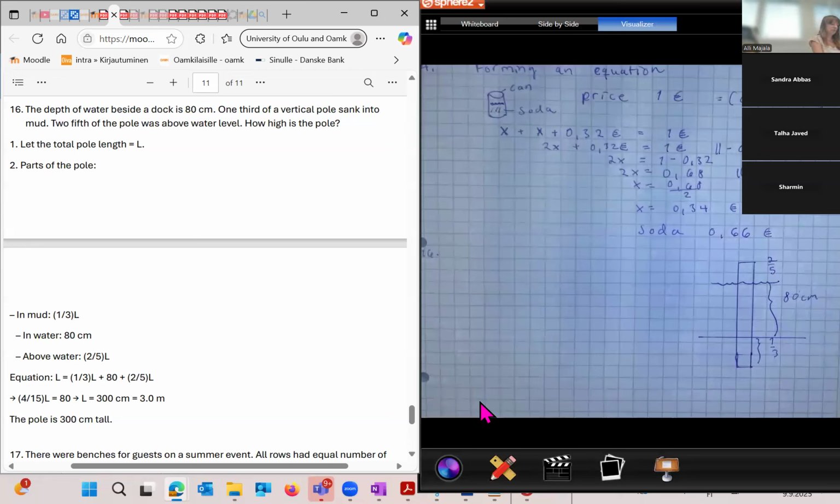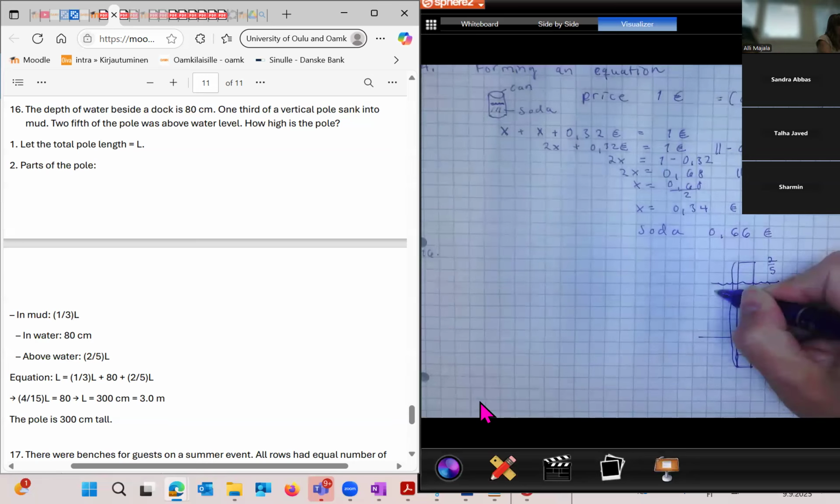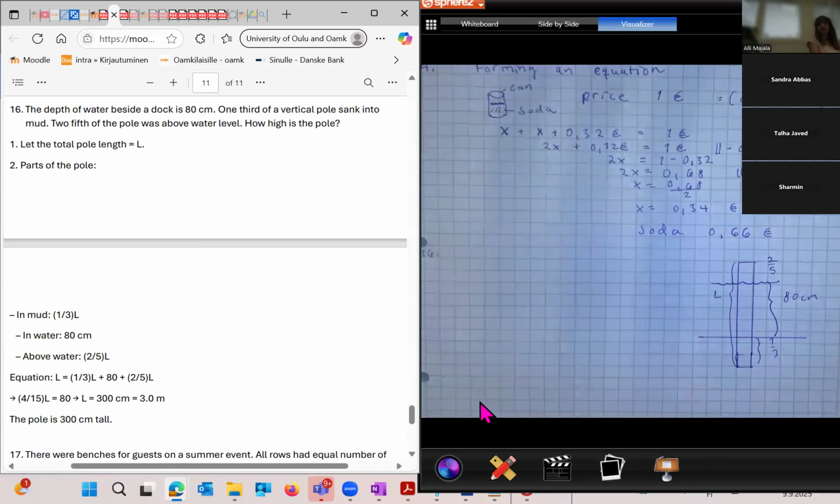And then the whole length, of course, can be marked with L. The whole thing would be L. So then you just have to realize that this is 2/5 of the L, and this is 1/3 of the whole L, and it's totally the L, yeah? Or any other letter that you want to use.